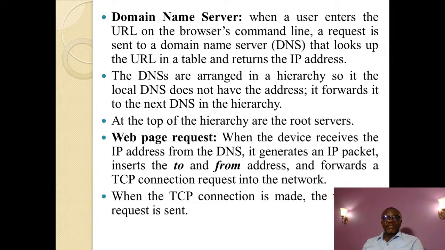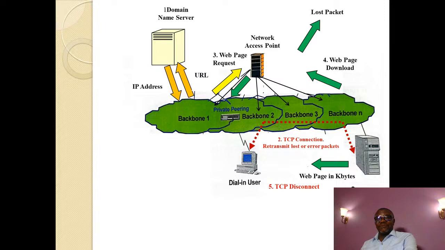So in that diagram, you have a server on the right. You have a domain name server. Look at it up there. You have network access points. You have dialing users. So let's quickly see what happened.